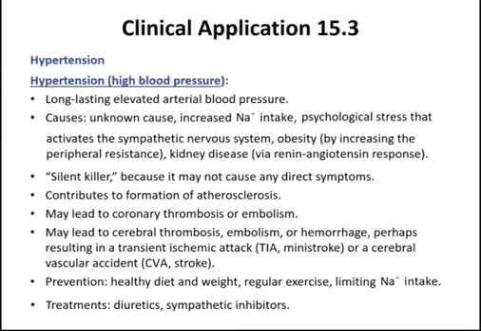The embolism is when it breaks off. This may lead to cerebral thrombosis, embolism, or hemorrhage, and that can result in something called a mini stroke, a TIA, which is a transient ischemic attack, which can do damage to your neural tissue in your brain, or a CVA, cerebral vascular accident, in other words, a stroke.